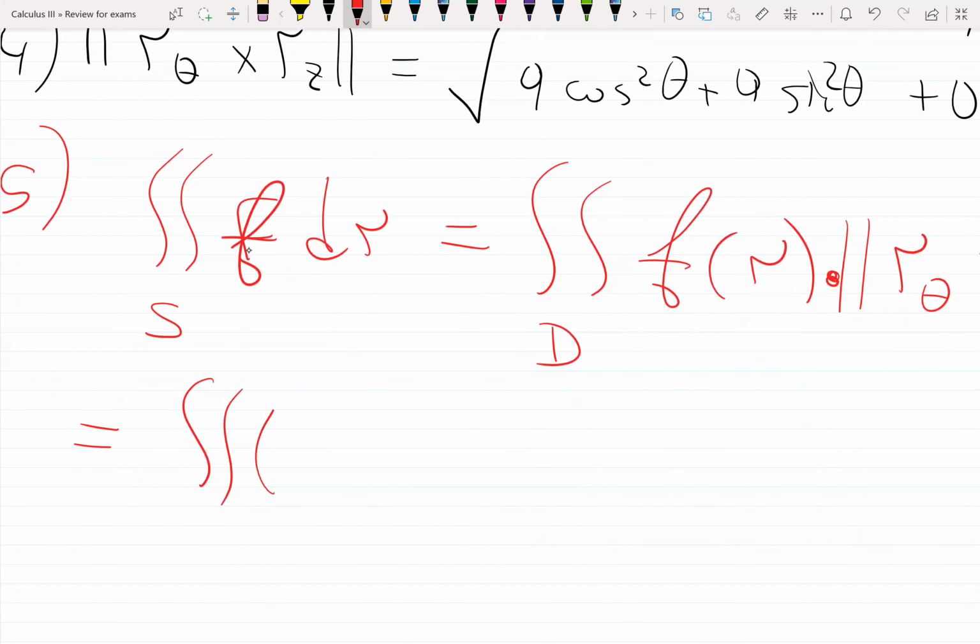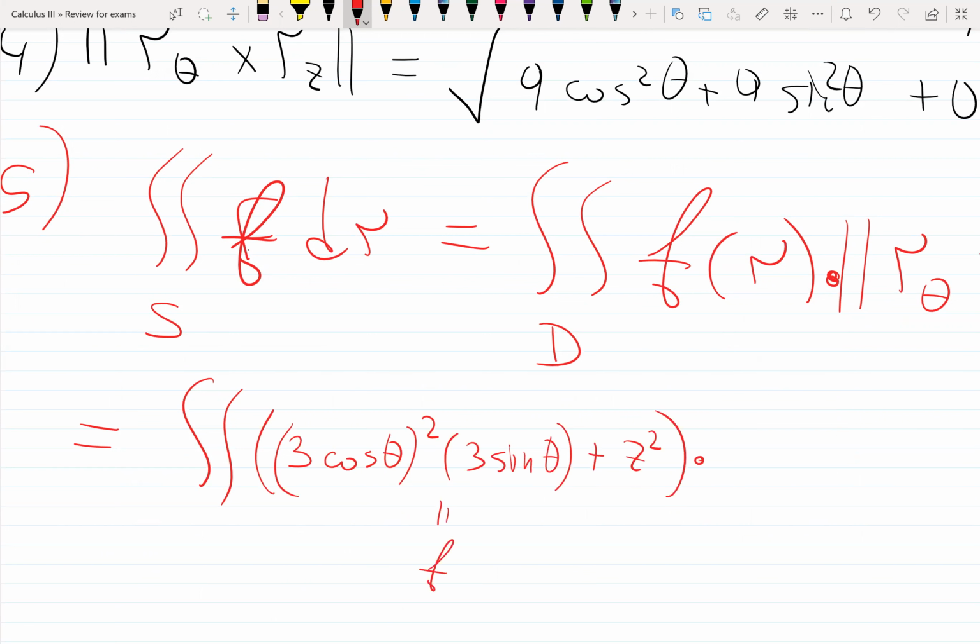F was x squared y. X is 3 cosine theta, squared. Y was 3 sine theta. And z is z. That's my f. Times the result of finding the magnitude of the cross product. That was 3. d theta dz. Cylinder, so let's see.